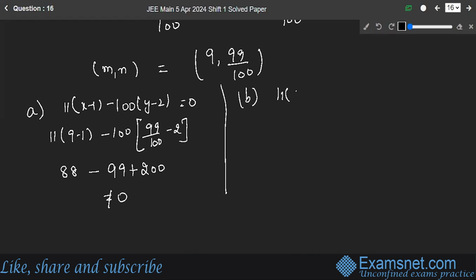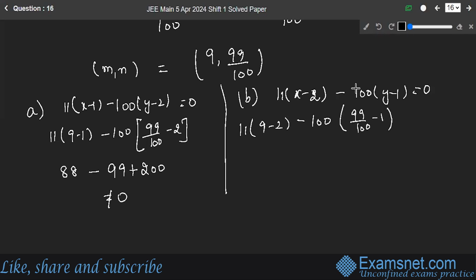B option: this is 11(x minus 2) minus 100(y minus 1) equal to 0. So 11 into 9 minus 2 minus 100 into 99 upon 100 minus 1 is equal to 0. This gives again 77 minus 100 into minus 1 upon 100, which is not equal to 0.